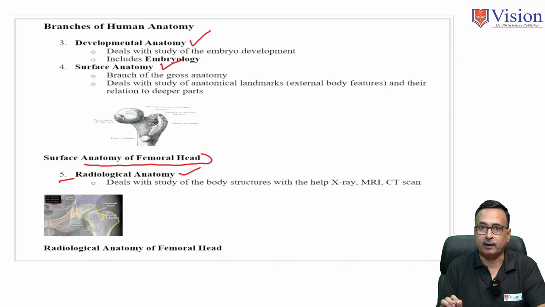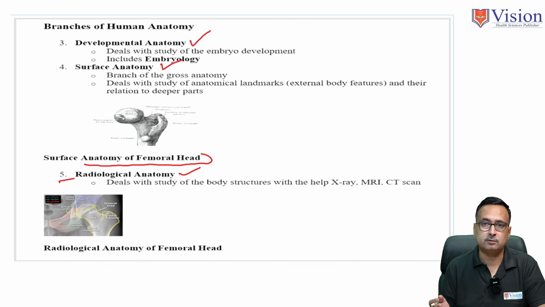We perform X-rays, CT scan and MRI scan. We get a radiographic image and we can study it to find out the normal features and deviation from the normal features.